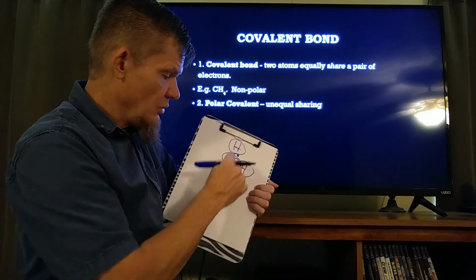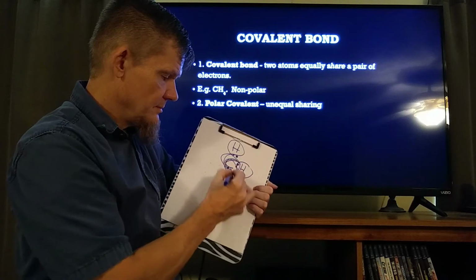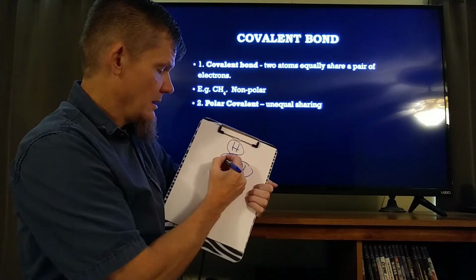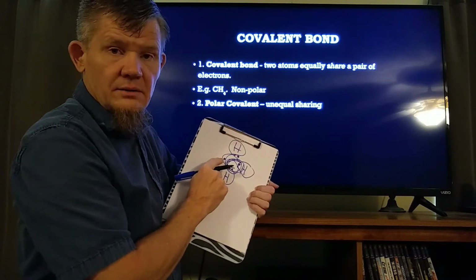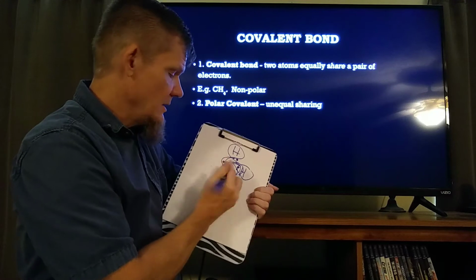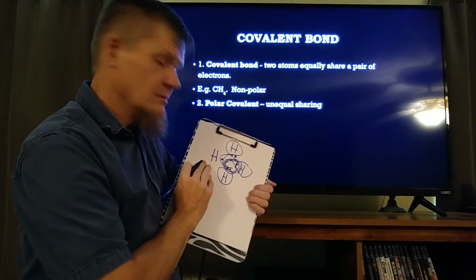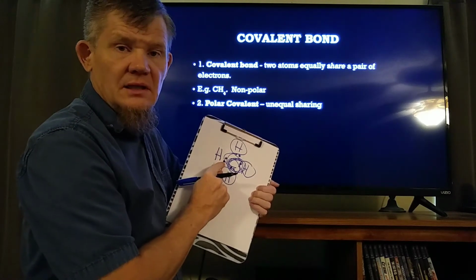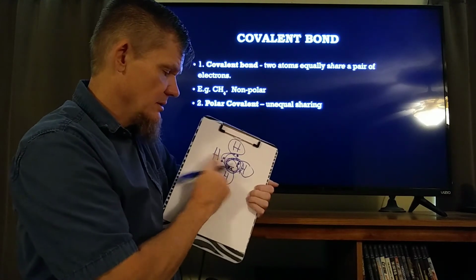Now this pair will orbit these two. And lastly, I kind of ran out of room here. There's that last of the 4 carbons willing to share. Here's my 4th hydrogen. It will donate its one little electron, and now this pair will orbit these two.